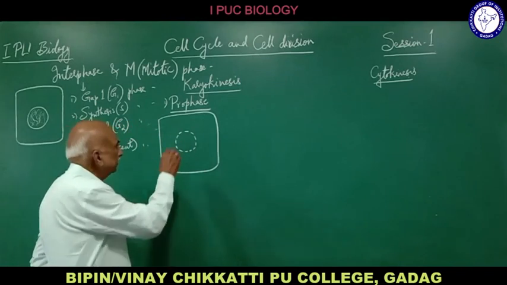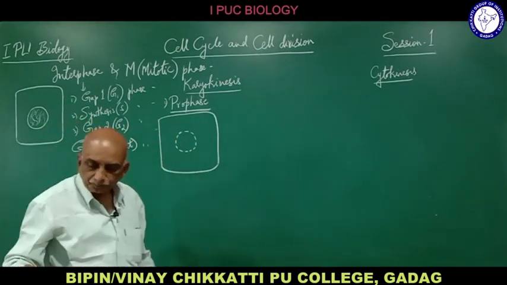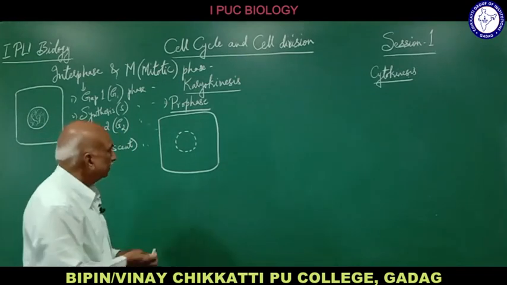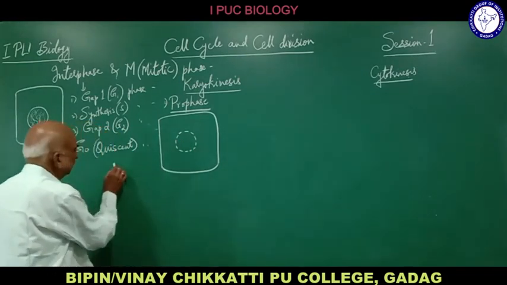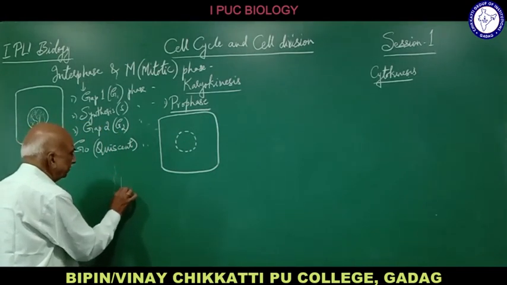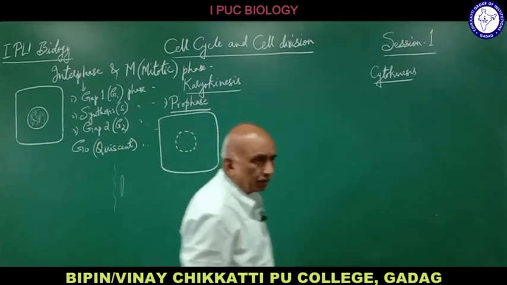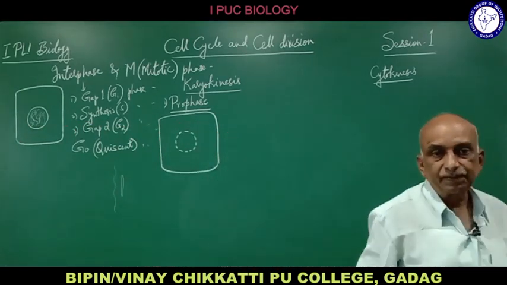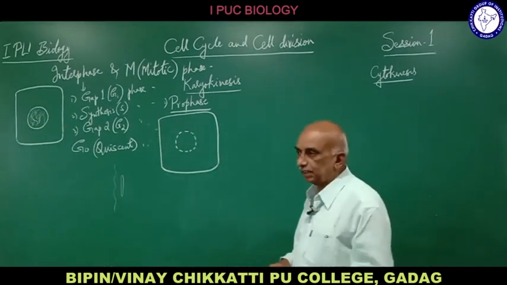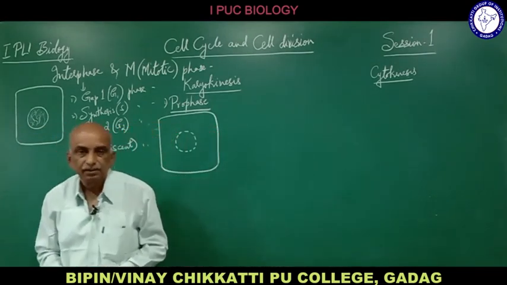Then the chromatin present in the cell. Suppose this is the chromatin; it starts condensing to form chromosomes like this. We have already studied chromosomes and their types.